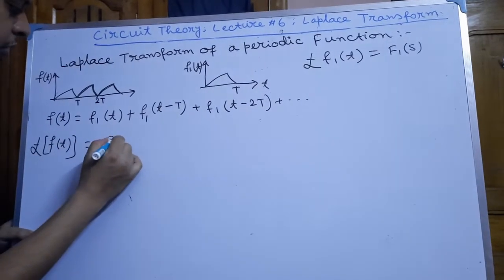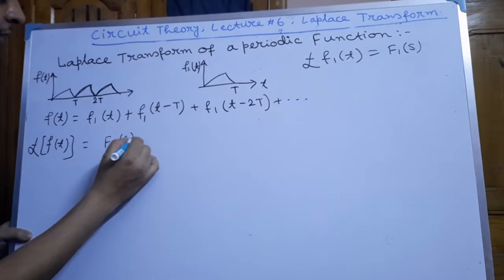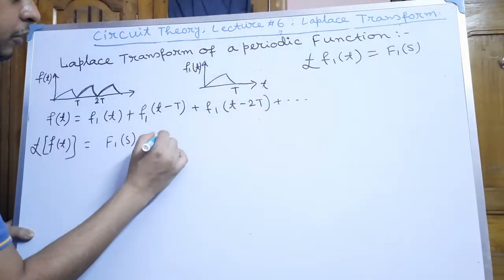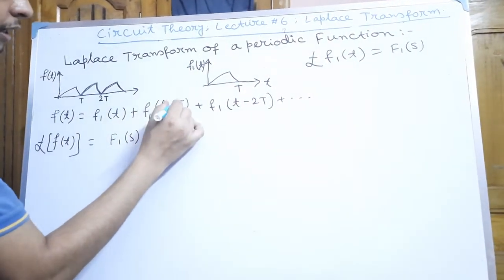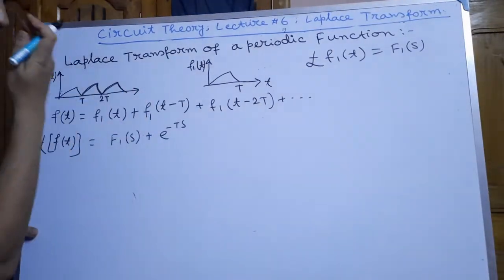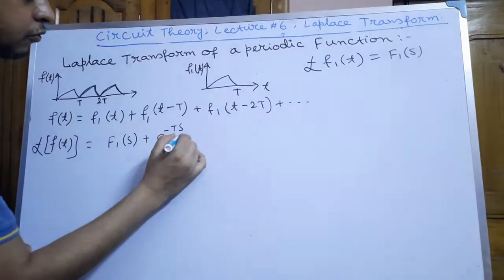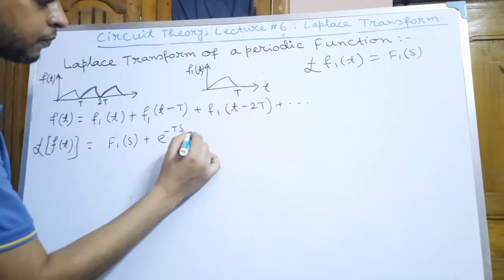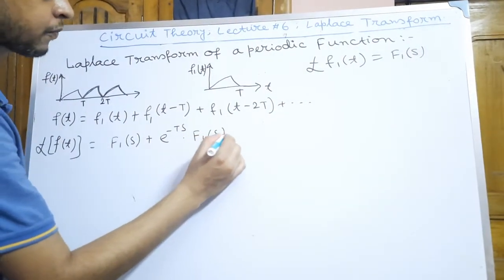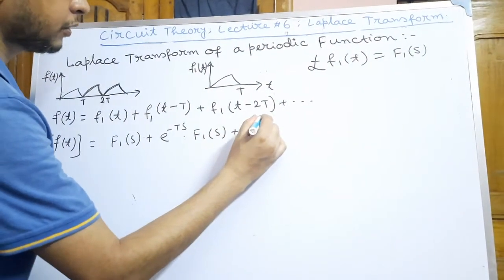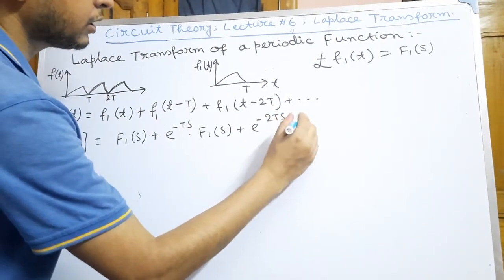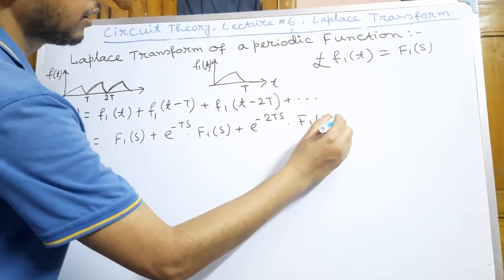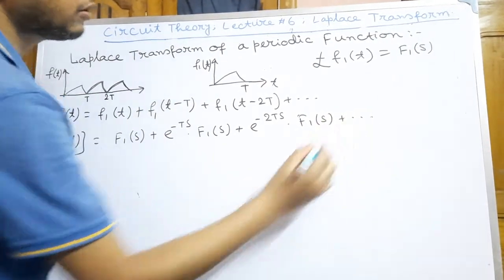So this will be equal to F1(s) plus what? e to the power minus sT, as the amount of delay is T. So this is e to the power minus sT F1(s) plus e to the power minus 2sT F1(s) plus so on.